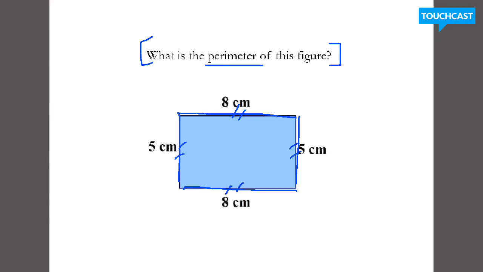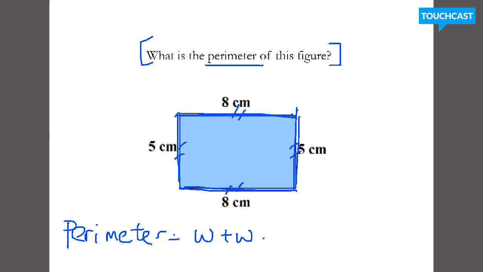Good luck. Alright, we are back. So, to figure out the total distance around the shape, the easiest thing to do is perimeter equals width plus width plus length plus length. This is a cursive L. So let's add them all up.